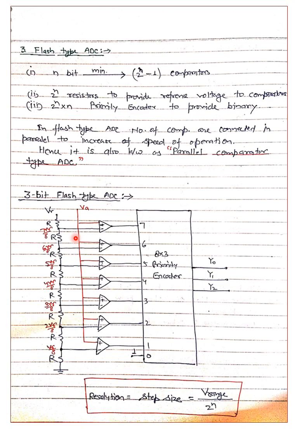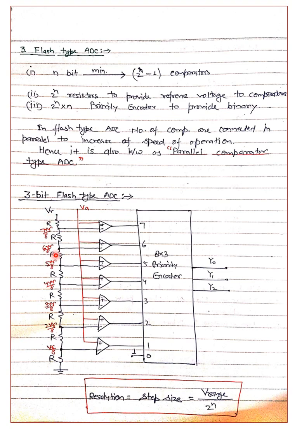Similarly, the second input of the second comparator is 6 VR by 8, and if we calculate accordingly, the second input of the last comparator is given by VR by 8. This is because the 2 raised to power n resistors make a voltage divider circuit, and this VR reference voltage is equally divided between these 8 resistors.